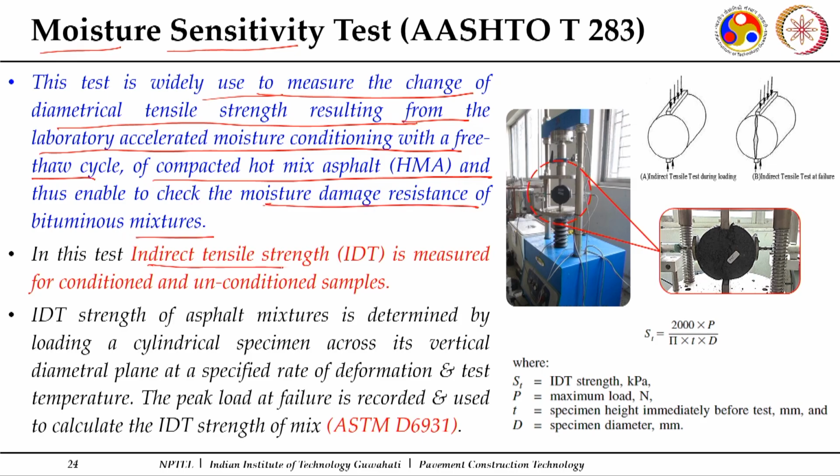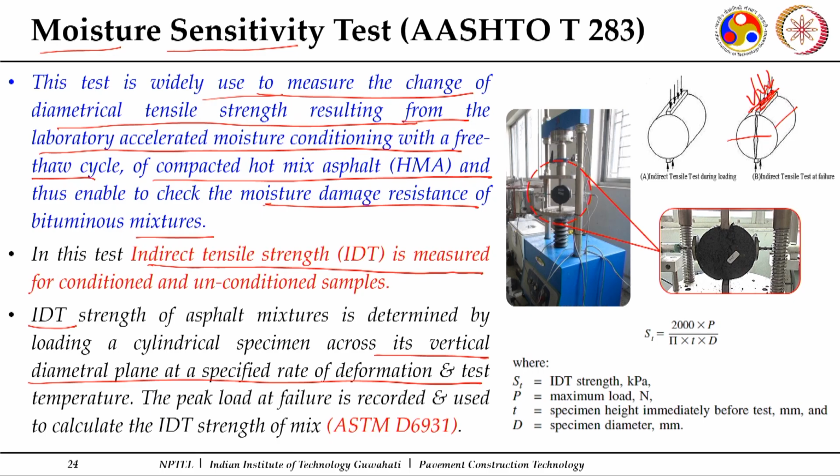We are going to check the indirect tensile strength. Here again cylindrical specimens are used, like those for the Marshall stability. Similar specimens will be used in this case, and we are going to determine the indirect tensile strength across its vertical diametric plane. The specimen diameter will be around 4 inches and the depth around 2.5 inches, and it will be loaded along the vertical diameter.